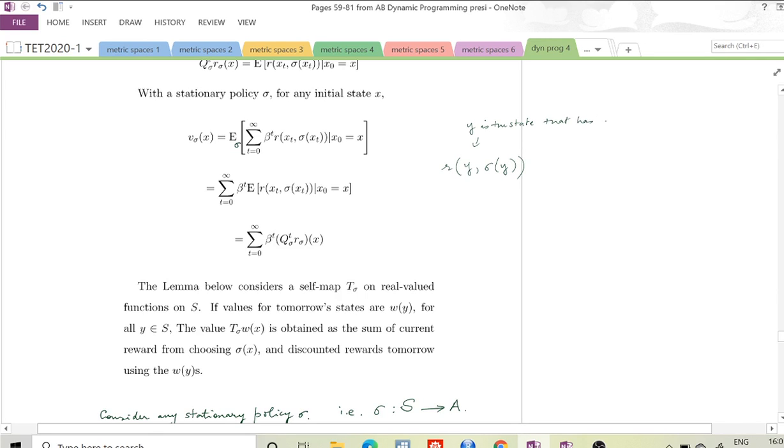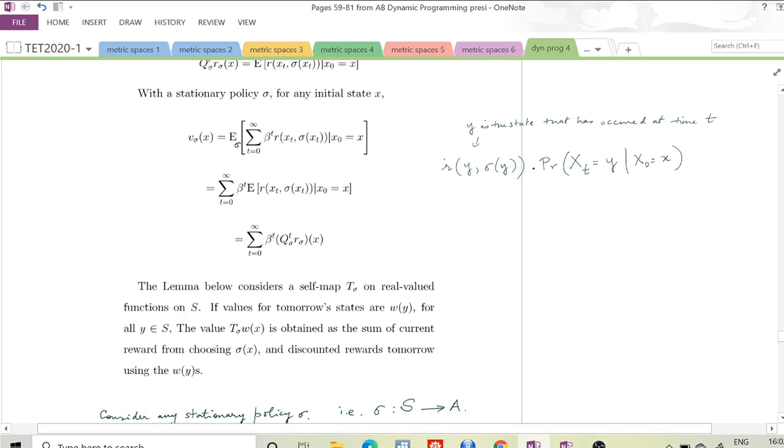that has occurred at time t, right? So then that's my reward. I must weight that with the probability that x_t, the state at time t, is y, given that x naught is equal to x, right?